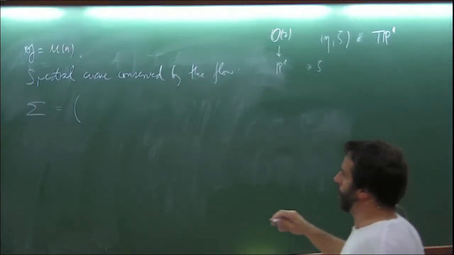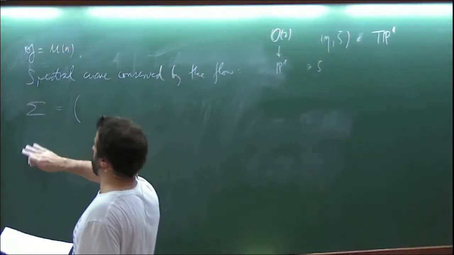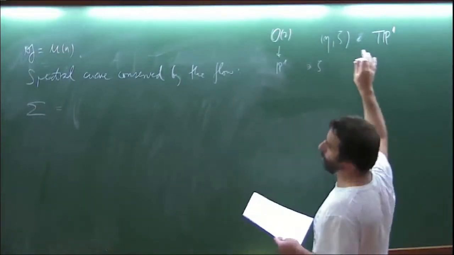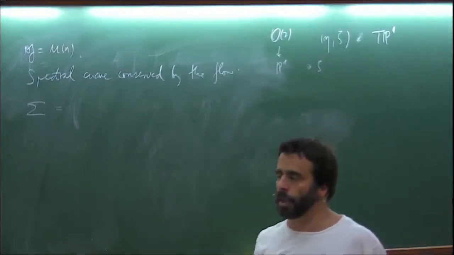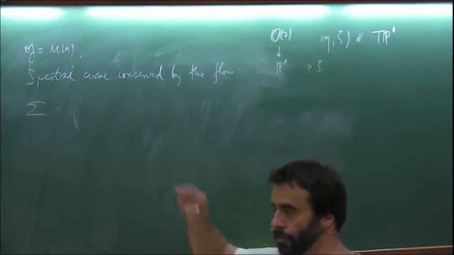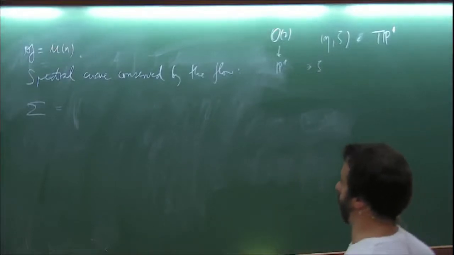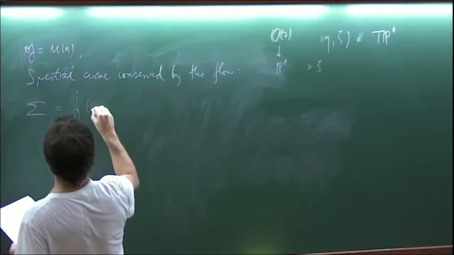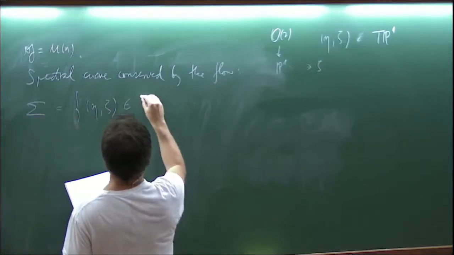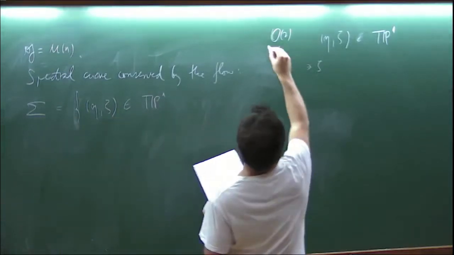Just like in the Nahm situation, the spectral curve is going to be a curve on this surface, which is the total space of the tangent bundle to P1.